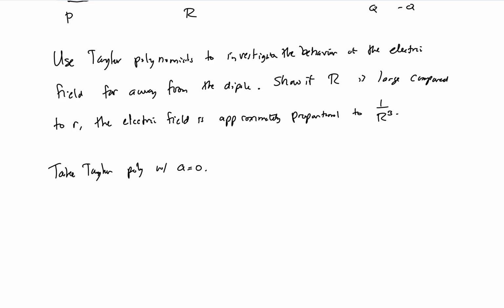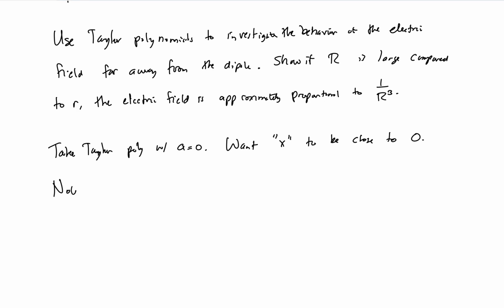We want x to be close to 0, because that's where our Taylor polynomial will be a good approximation, since that's where we're taking our expansion. So let's note, since big R is much bigger than little r, little r over big R is close to 0. So we'll take x here to be little r over big R. And this will be our variable.